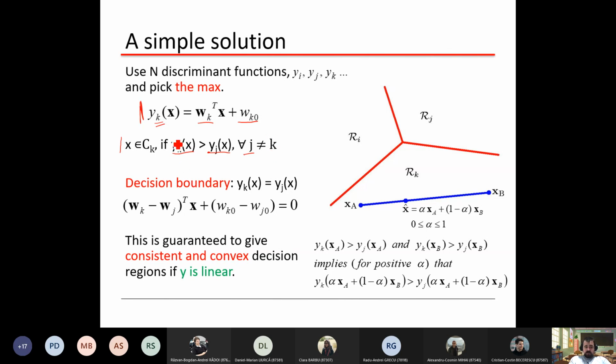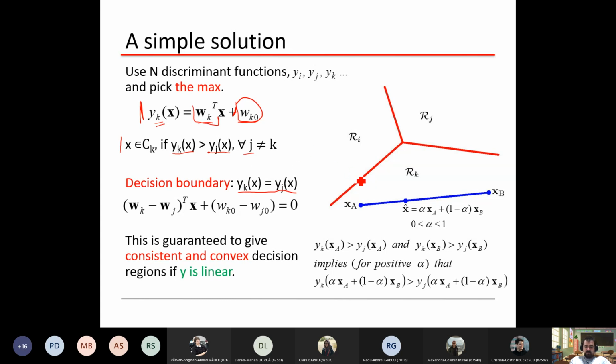Okay, but the problem is how we identify this yk and yk0, because there are some issues. To identify the decision boundaries, so the vectors of weights and biases, all we have to do is use these equations.